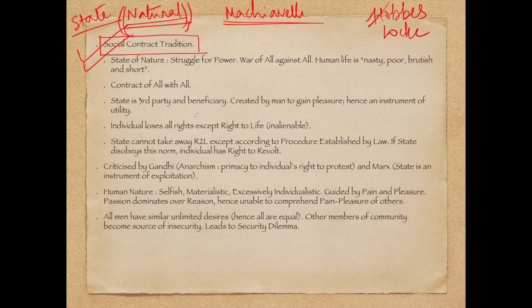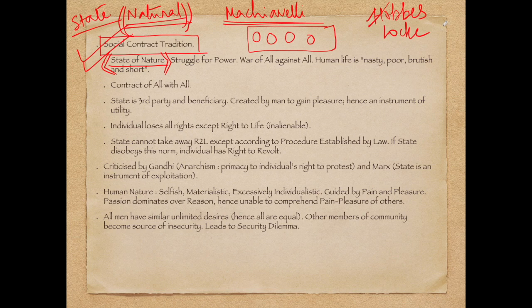So social contract tradition means that the state is created as a contract between people in the society. So initially there were people living in a state of nature. Okay, so this is a theoretical concept which depicts the scenario which existed before the creation of the state.